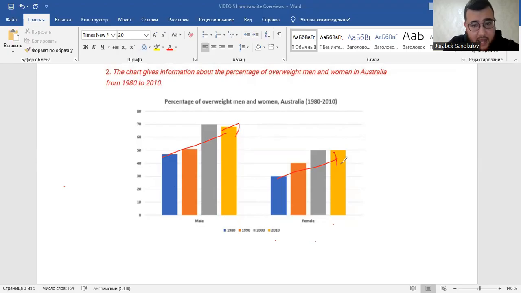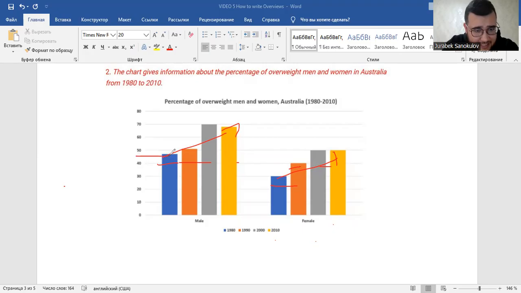And again, the same thing happened. If you compare men and women in each year, you will notice that men show higher figures, higher percentages compared to their female counterparts, right? What else?